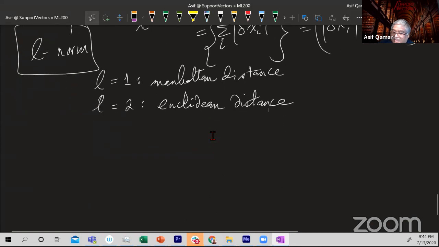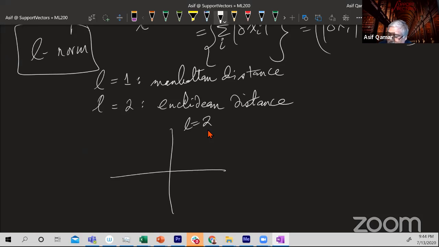I'll give you an intuition of how it looks in space. What does a circle look like in Euclidean distance, L is equal to 2? Let us have a definition of a circle.